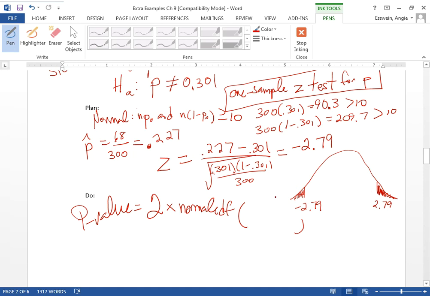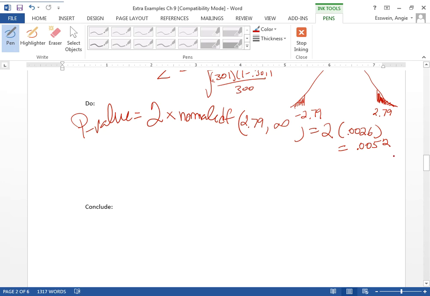So pick your direction. I'm going to say 2.79 to infinity. It doesn't really matter, they're the same area. And so you get 0.0026, but you have to double it. And so you get 0.0052, which is a 0.5% chance.